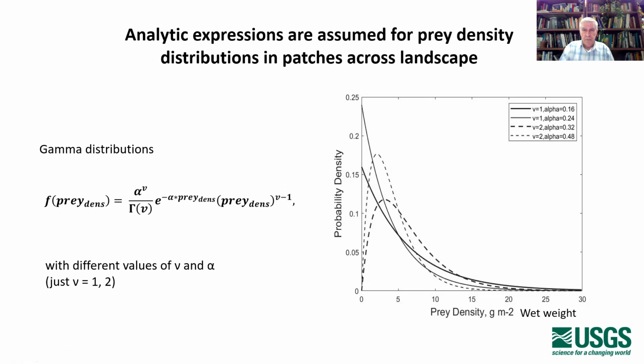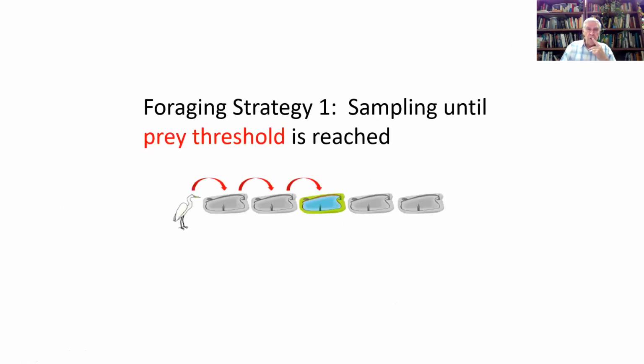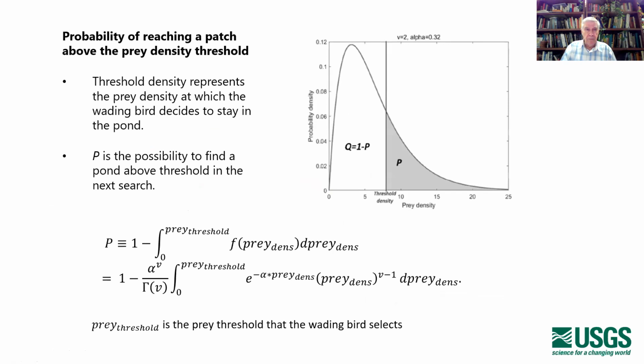Okay, the first foraging strategy, strategy 1, is sampling until a prey threshold is reached. This diagram shows that.